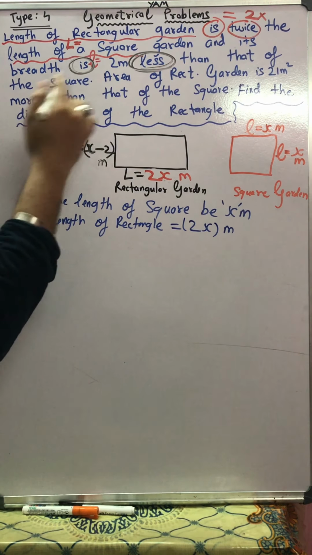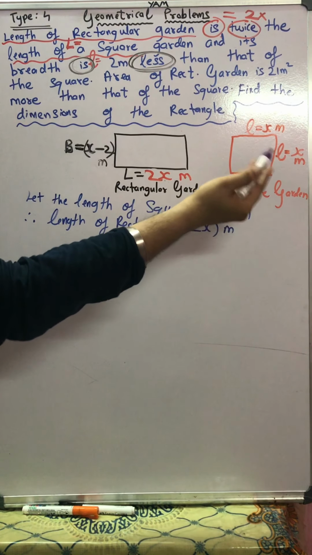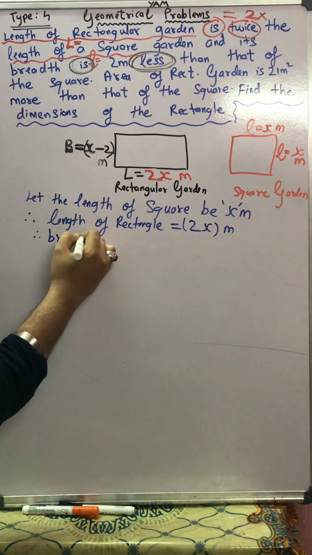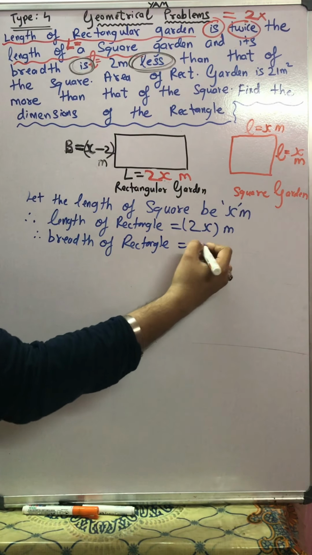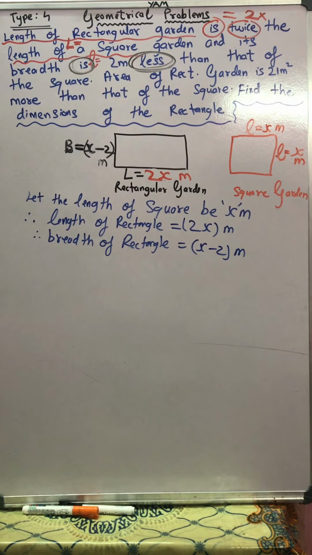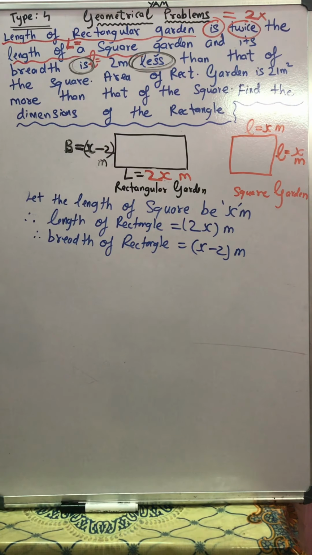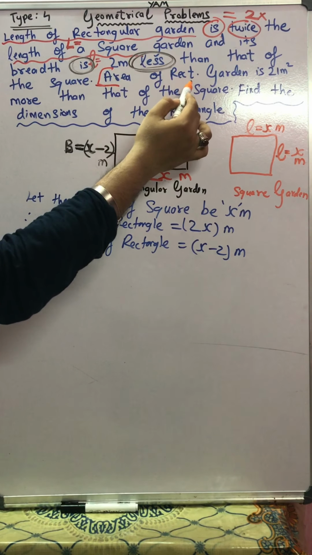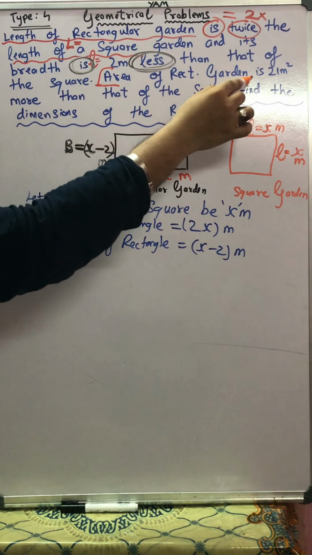Similarly, students, it was written that the breadth of the rectangle is 2 less than the square. So we got x minus 2. Therefore, the breadth of the rectangle is equal to x minus 2 meters. Okay, let's read ahead. Pay attention, from here I'm reading. Area of the rectangular garden. I have read only up till here.